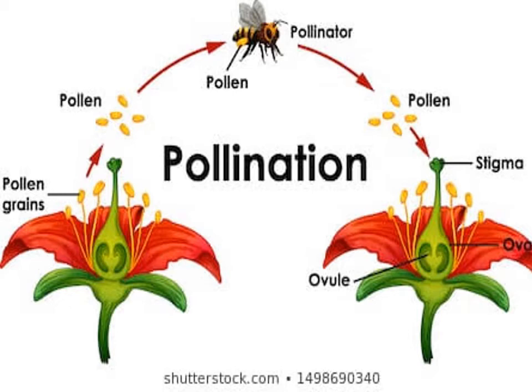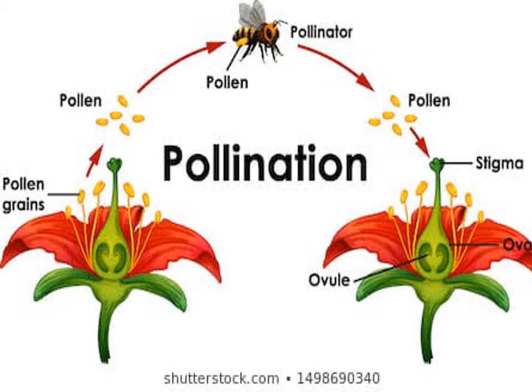The basic part of the flower and the seeds can only be produced when pollen is transferred between the flowers of the same species. So the pollination is the transfer of pollen from a male part of a plant to the female part of a plant. So that is very important.